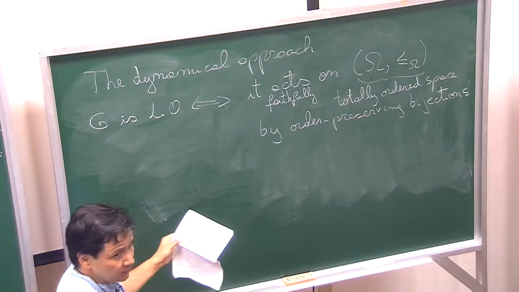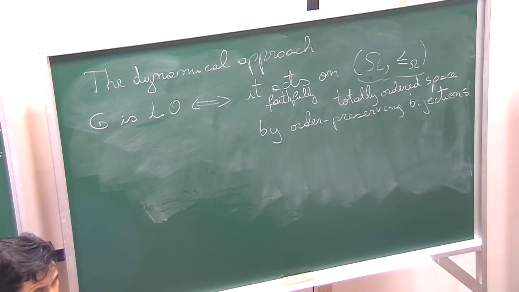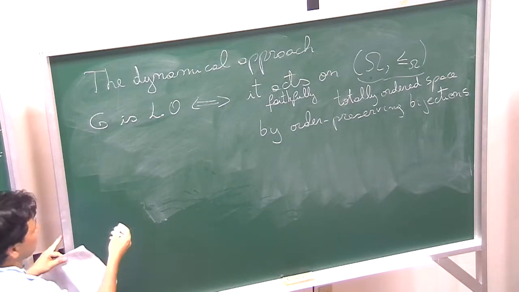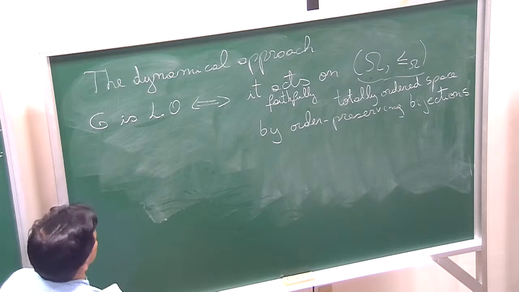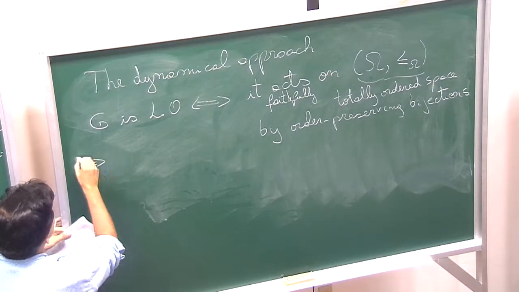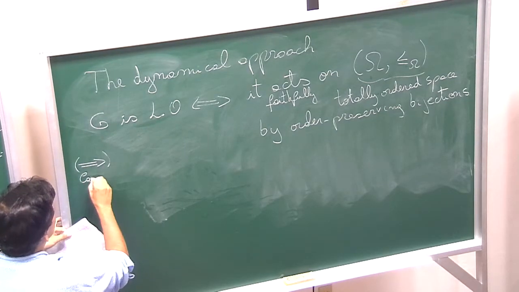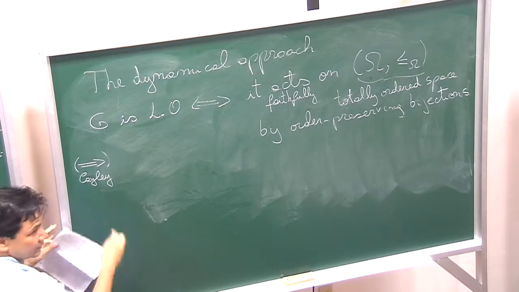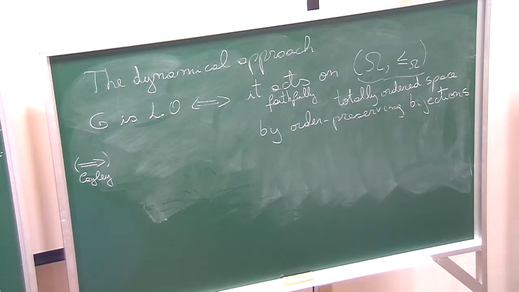This is really, but this is still combinatorial. So the proof of this in one direction is somehow tautological. In this direction, this is Cayley, if you wish. Cayley says that every group is a group of permutations. So that is the theorem of Cayley. You take the group and you make it act on itself by left translations.